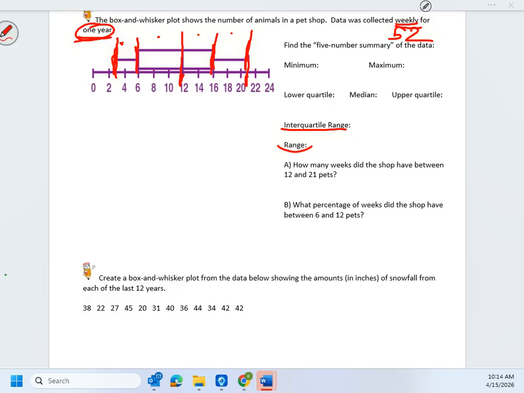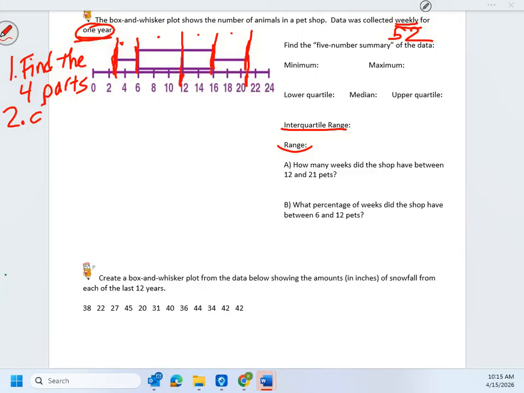Second step, what do we need to do now that we figured out what our total number of weeks is? What do we have to do? First step, find your 4 sections. Second step is what? First step, find the 4 parts.